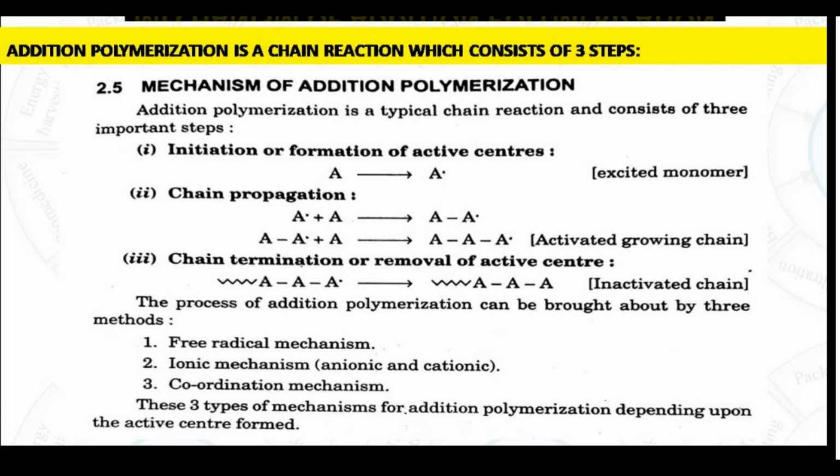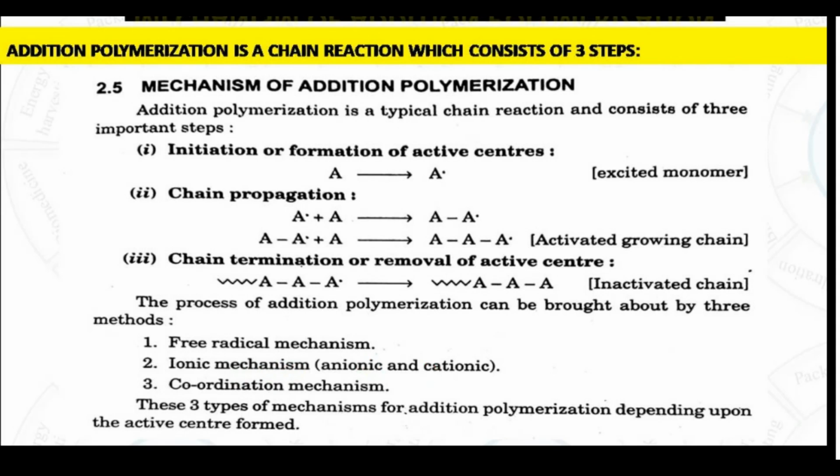So here, when you are discussing addition polymerization, if you can recall your reactions of the alkenes, in alkenes also you may have free radical addition reactions, then electrophilic addition reactions, right? Various reactions are there. So here also you have the free radical mechanism for this addition reaction, and then the ionic mechanism, that is anionic and cationic.